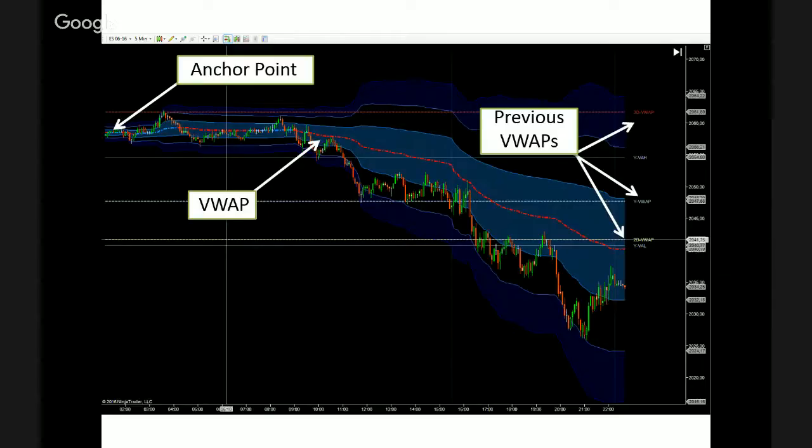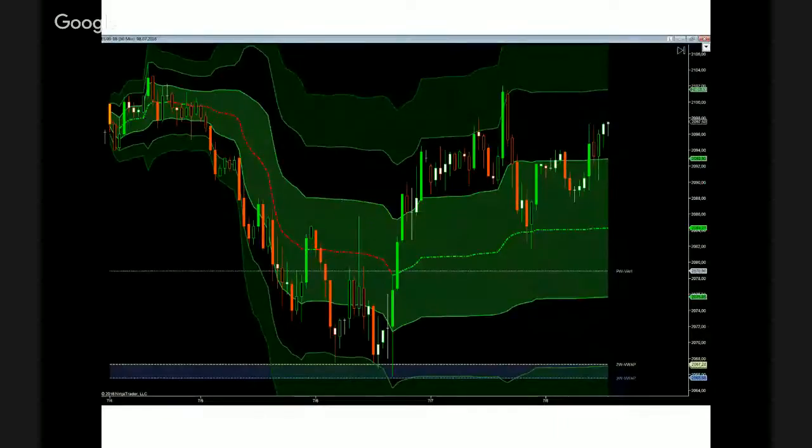All right, so as I said, we also have weekly VWAP levels. Weekly VWAP will start here at the beginning of the week, and you should then wait, I'd say 2 days until you use it.